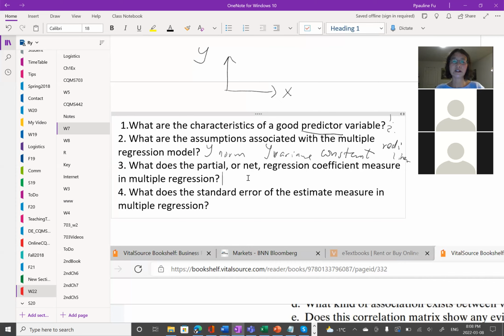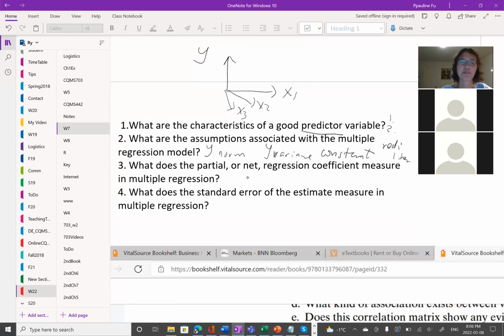For example, if I have x1, x2, x3, so the partial coefficient is, holding x2, x3 constant, what is the coefficient between x1 and y? Okay, so that is the partial coefficient.